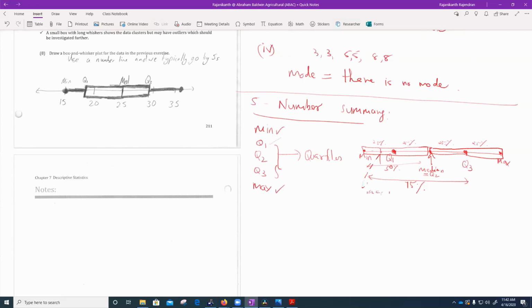The next half is my upper half of the data set. Q1 is simply the middle point of my lower half. Therefore, Q1 is nothing but the median of the lower half.